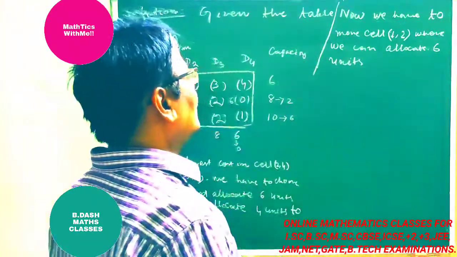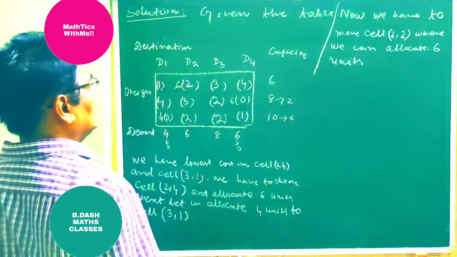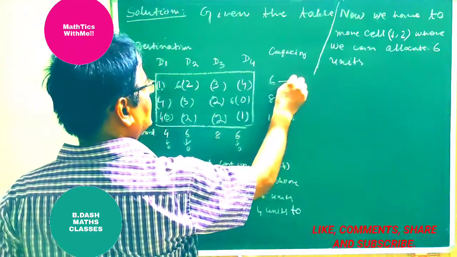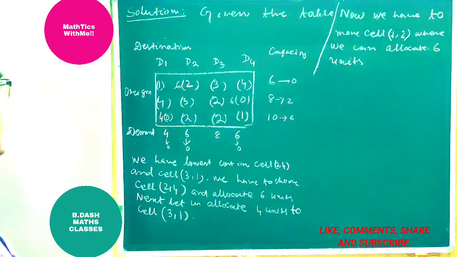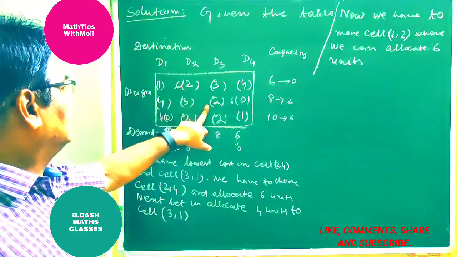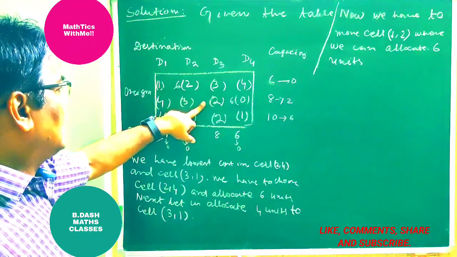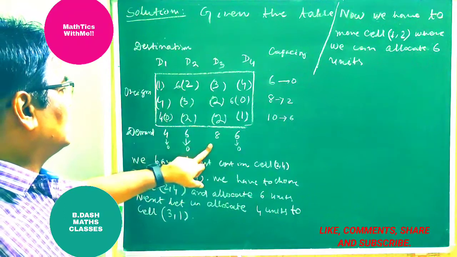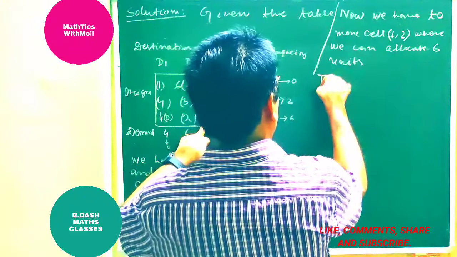So here we can allocate 6 units, and this is exhausted and this one is also exhausted. After that, we proceed to this 2, where we can allocate only 2 units here and here we can allocate 6 units.